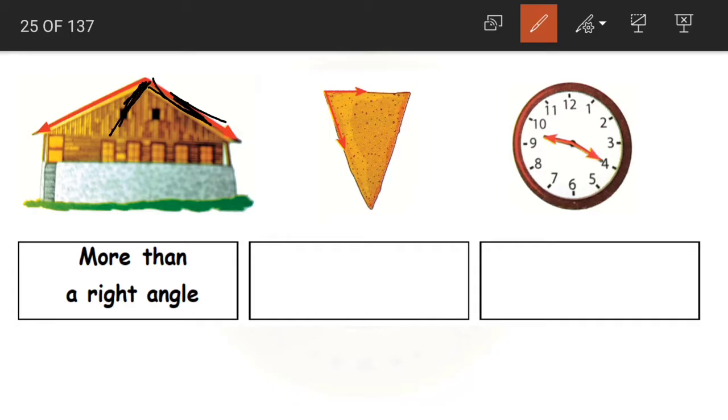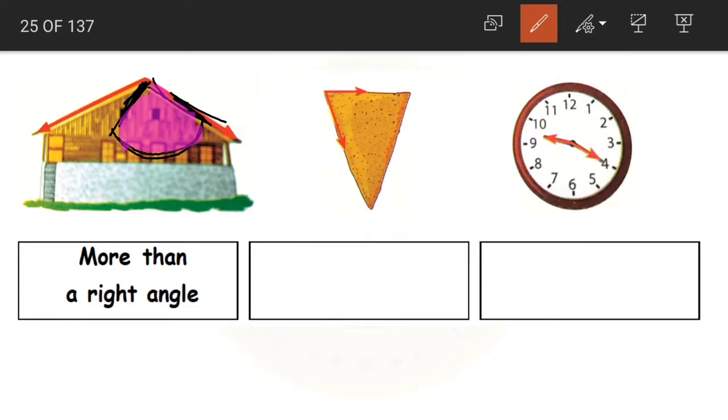Let me color it so that it will be highlighted. You have to place your right angle tester like this alongside the arms of the given angle.